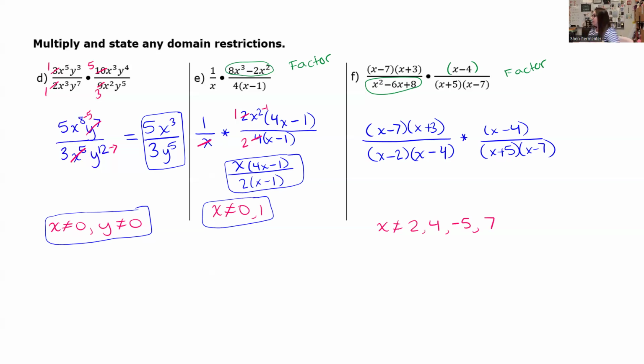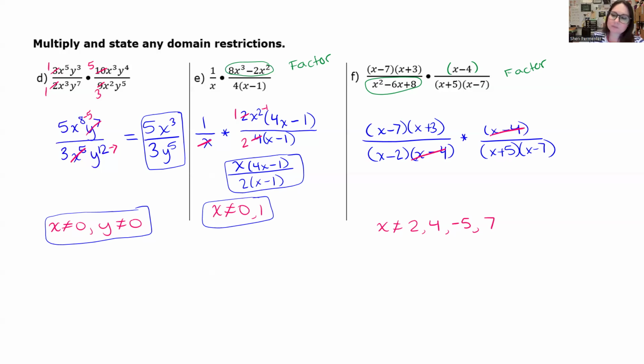Then I'm going to mark off any terms that repeat in the numerator and denominator. And they can repeat right above each other, or one could be here and one could be a couple terms over, or a couple factors over. So do you see any factors that repeat in the numerator and denominator? X minus 4, yep, I agree.